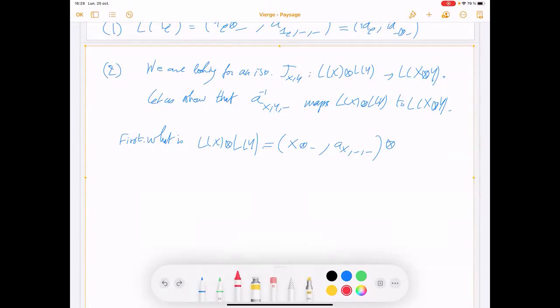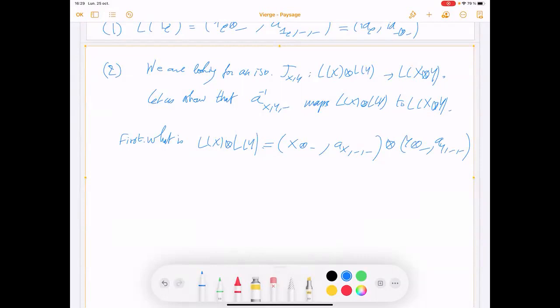So what is the tensor product of LX and LY? So LX is that, LY the same. Y tensor that, comma, and Y that. So we want to make the tensor product of that and that.